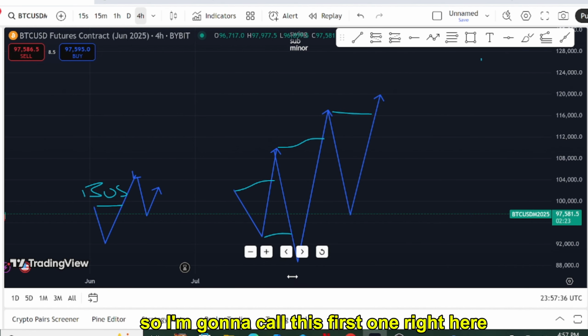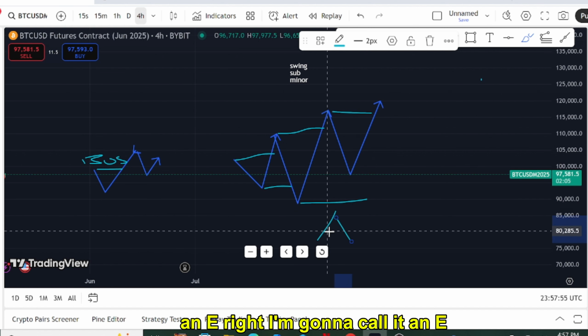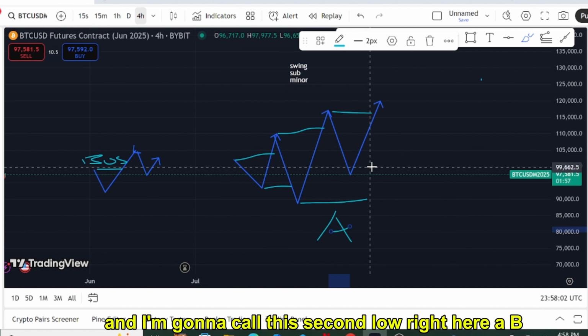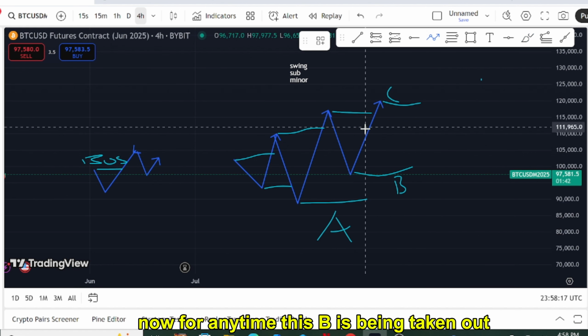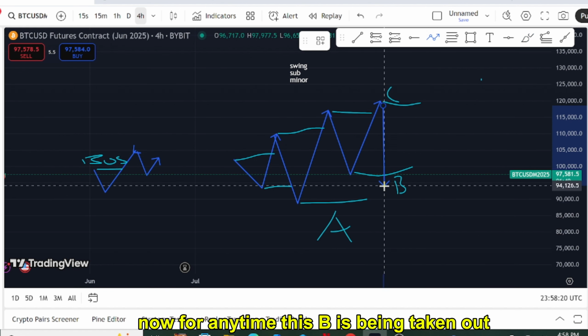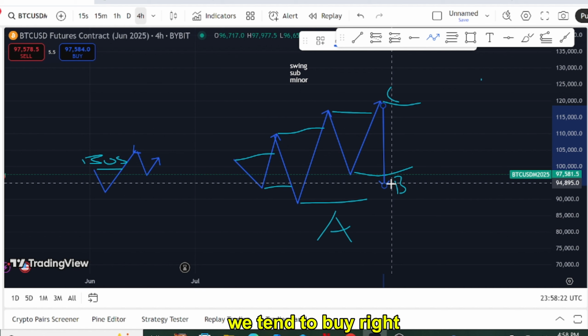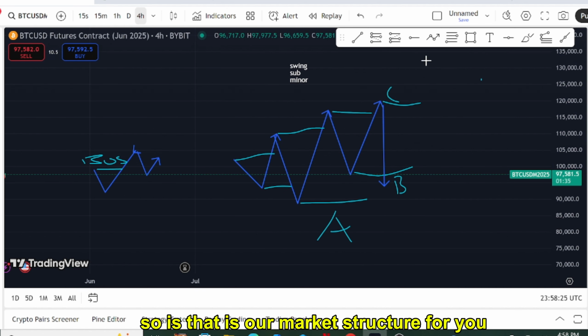I'm going to call this first low, the lower low right here, an A, and I'm going to call this second low right here a B. And then right here I'm going to call this C. Now any time this B is taken out, we tend to buy, right? So that is algo market structure for you.